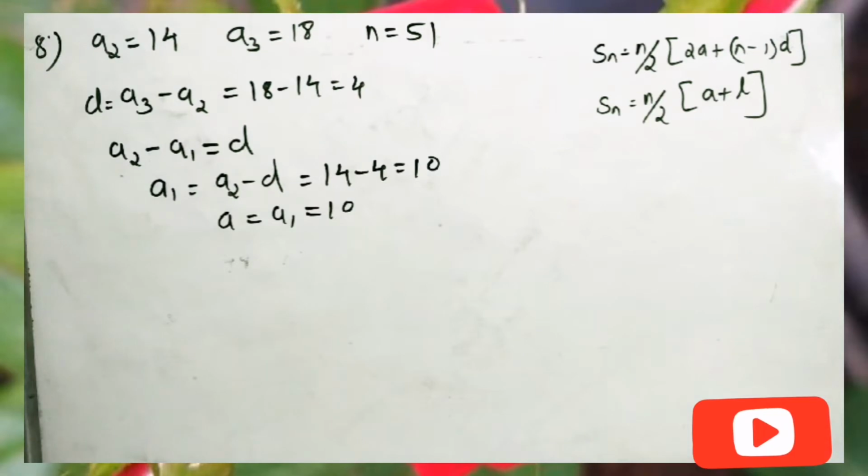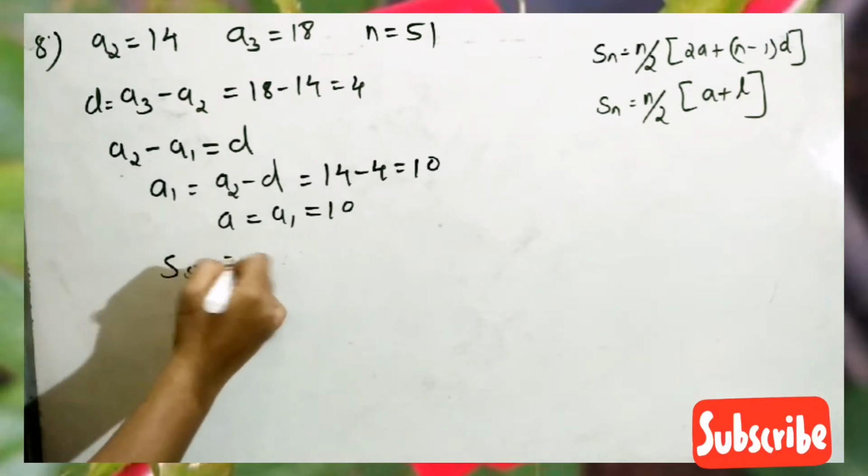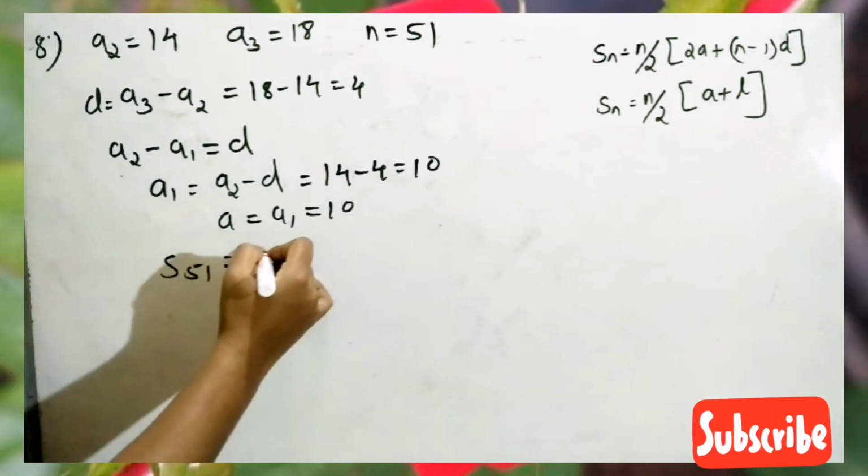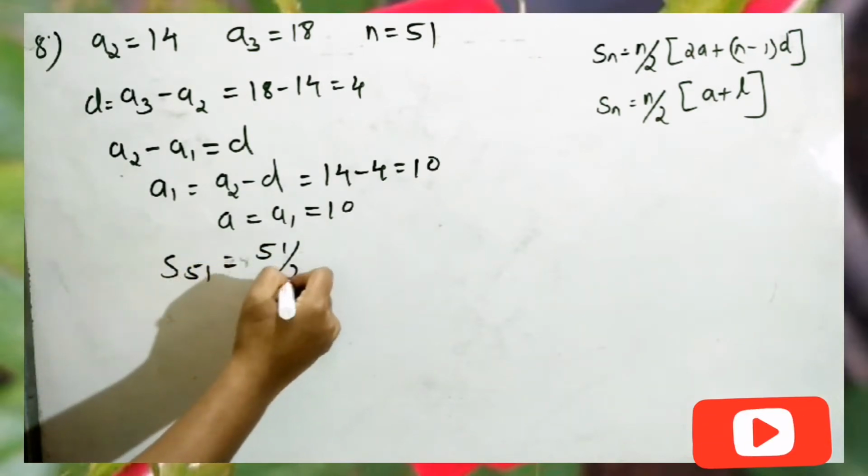So we got the value of a and d. Now we need to find out the sum of 51 terms. So S51 is equal to n by 2, 51 by 2.